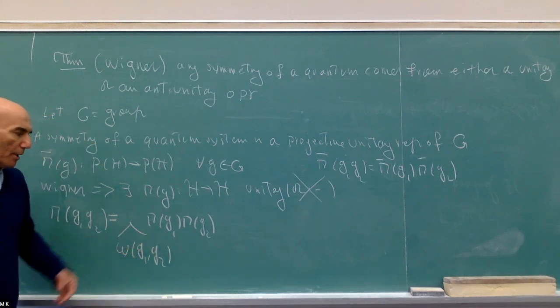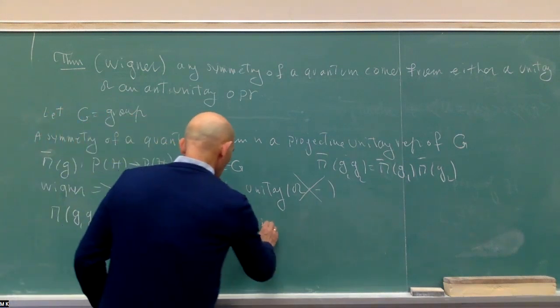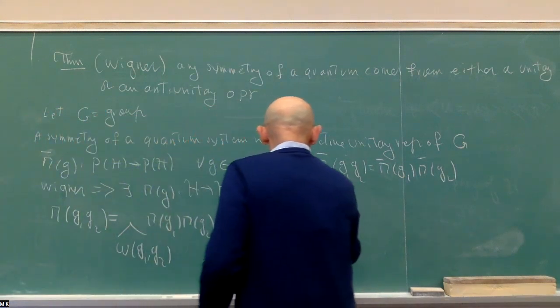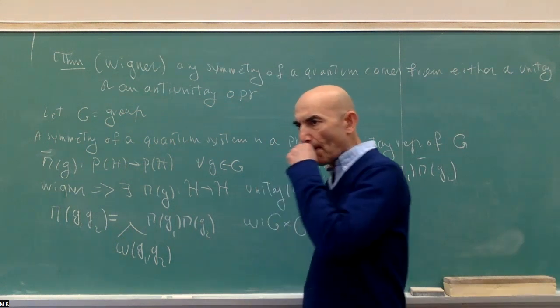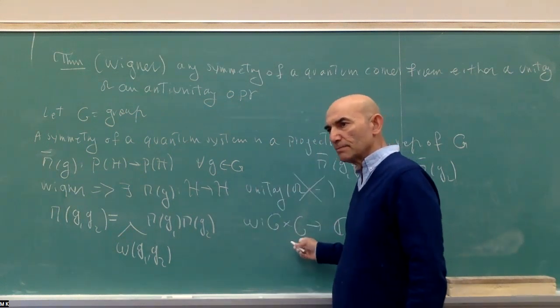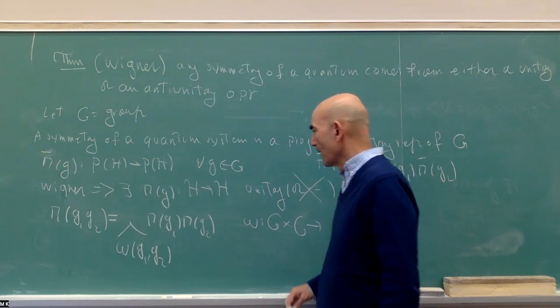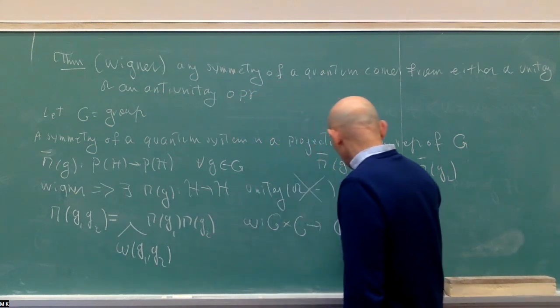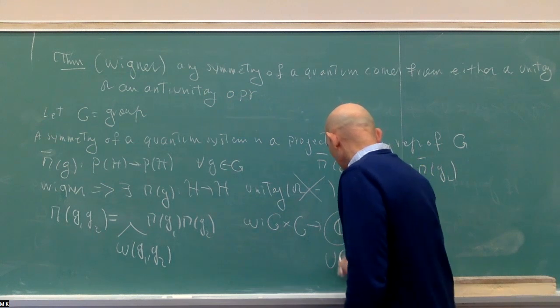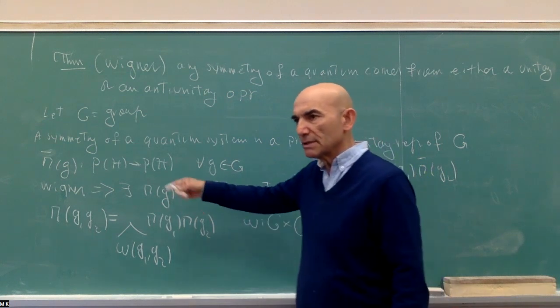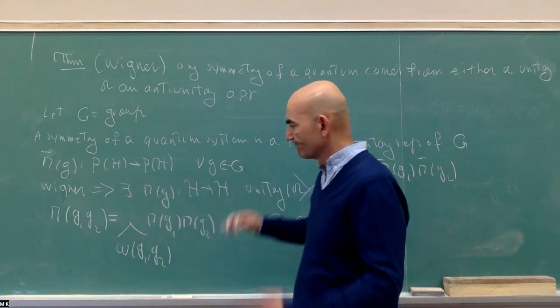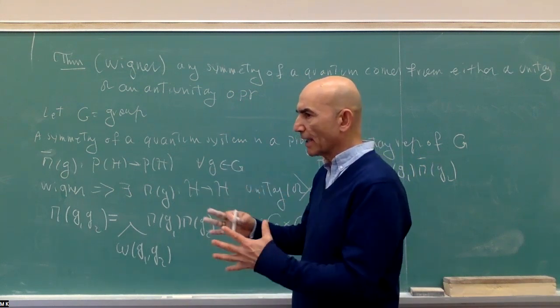Well, what is this omega? Omega is a map from G cross G to C. It's just a scalar. Why? This is a function of two variables. And in fact, it should go into U1 if we want this to preserve the angle.